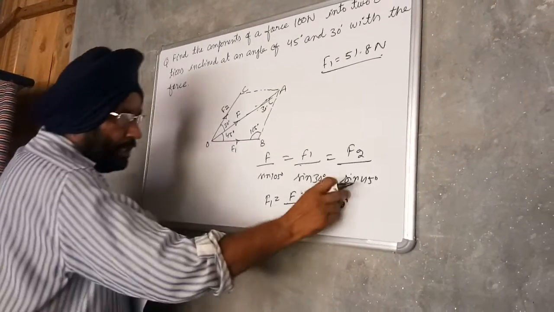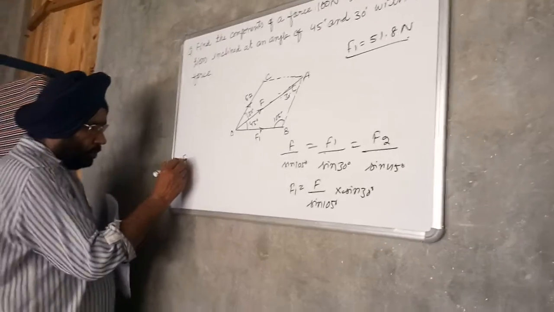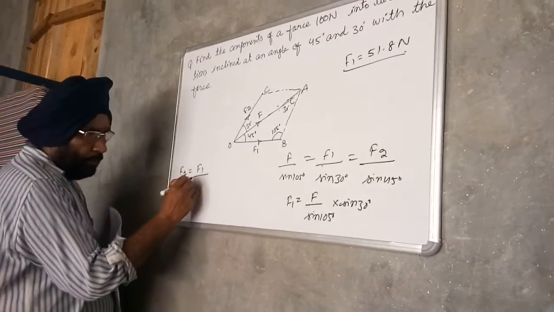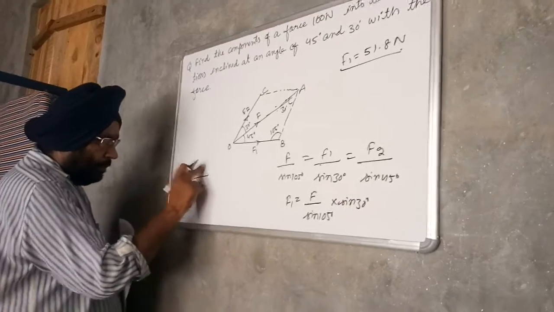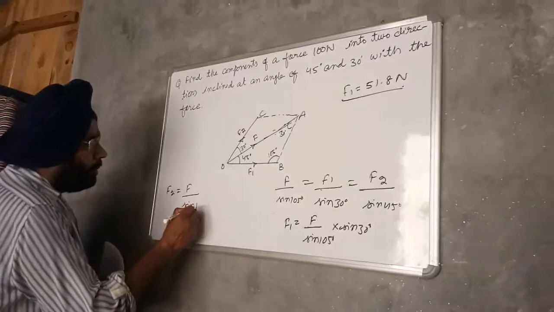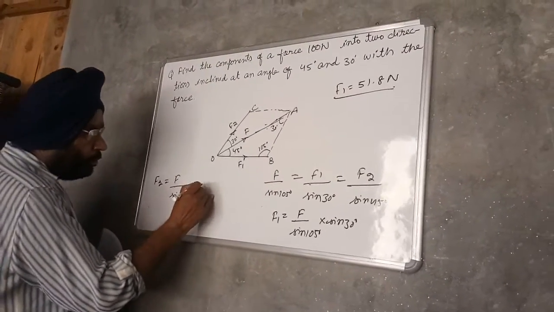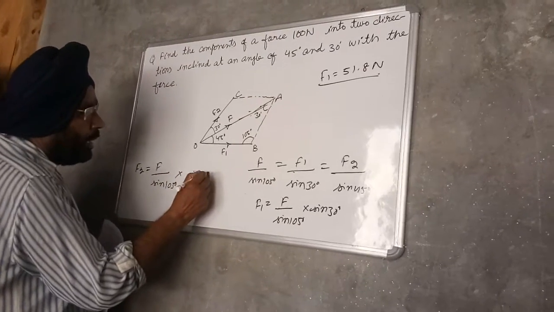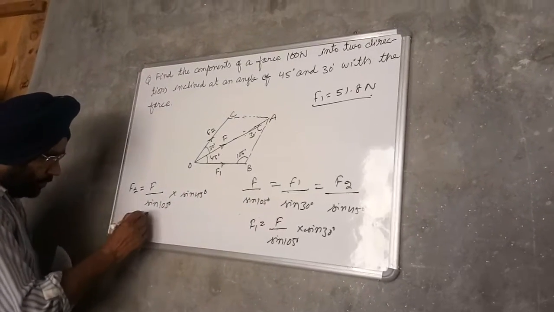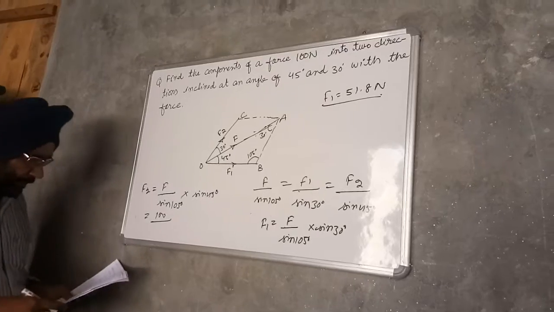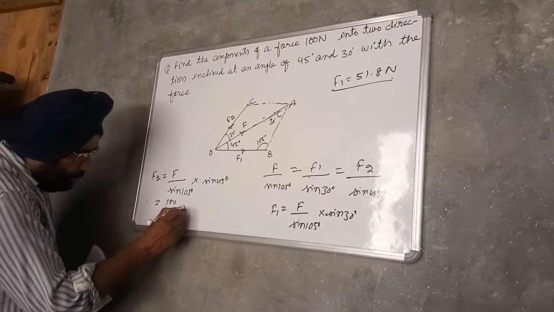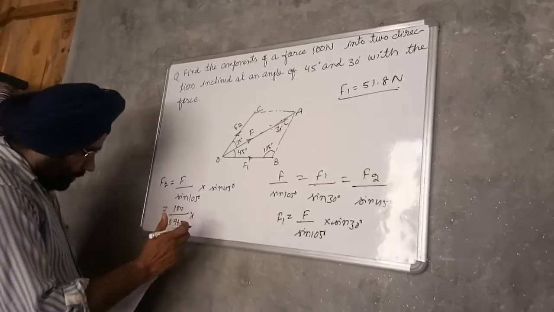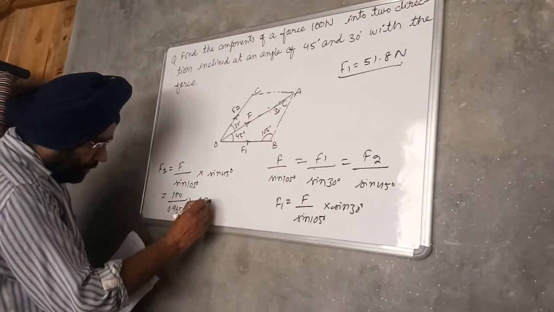from this equation, F2 is equal to F upon sine 105 degree into sine 45 degree. F is equal to 100 Newton, sine 105 degree is equal to 0.965, and sine 45 degree is equal to 0.707.